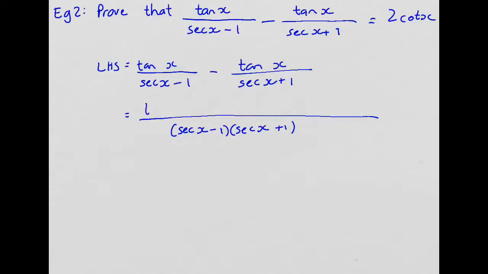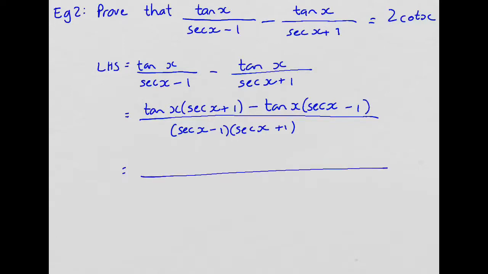So our numerator becomes tan x into (sec x plus 1) minus tan x into (sec x minus 1). Right, and now in the numerator, we're going to multiply out because there's nothing common there for us to factorize. That would have been first prize.